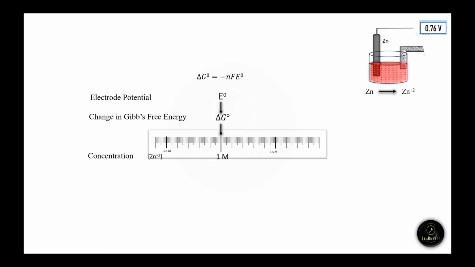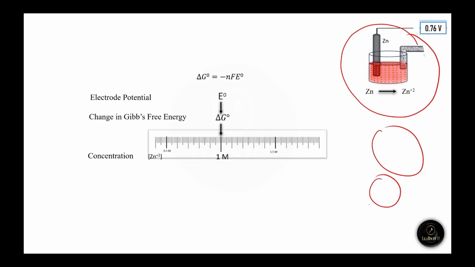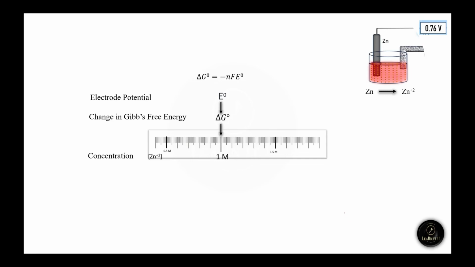So we know that as the time passes, the energy present in this system starts to decrease by itself, and according to first law of thermodynamics, energy can neither be created nor be destroyed, but transformed from one form to another form. That's why this system transforms its energy by making zinc to undergo oxidation.